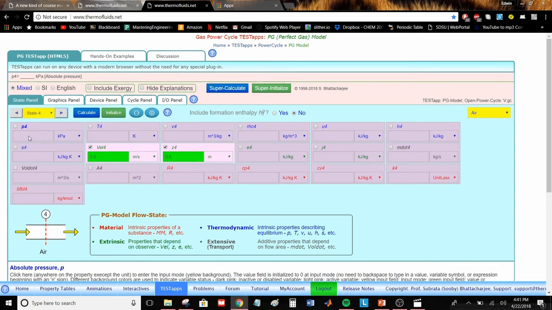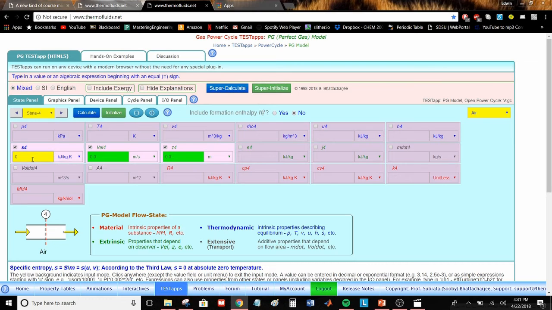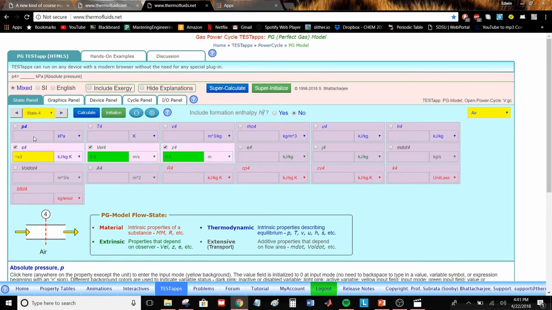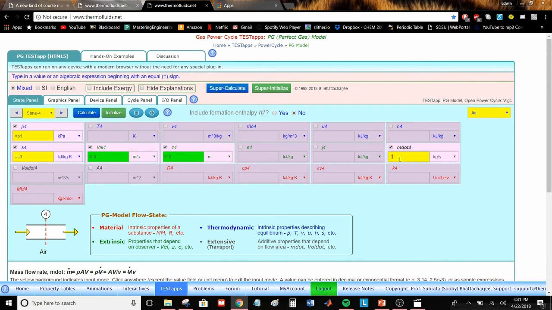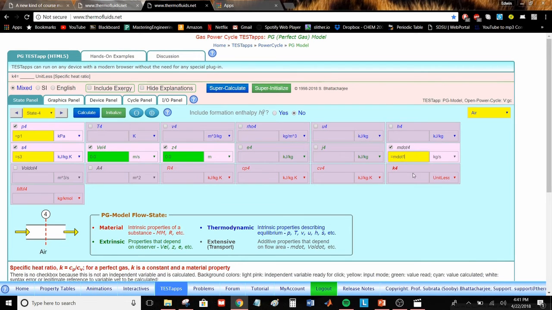In the final state, this is after the turbine, which was stated as isentropic expansion. Therefore, entropy remains the same as state 3, and pressure is the same as the initial pressure because heat is being rejected at constant pressure. And mass flow rate is the same as m dot 1.